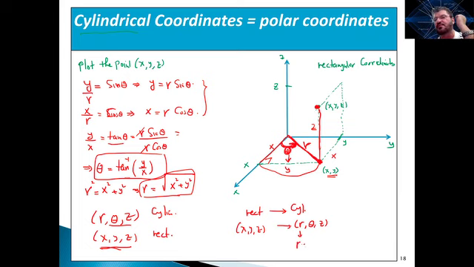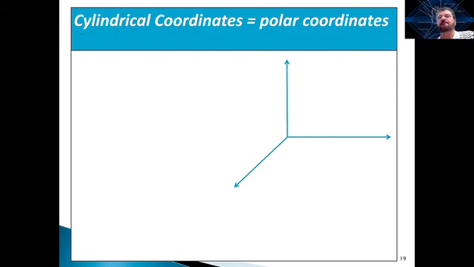What's r equal to? The square root of x squared plus y squared. What's theta equal to? Tangent inverse y over x. Done. This is how you go. And then what's z equal to? z is the same z. No change in z.